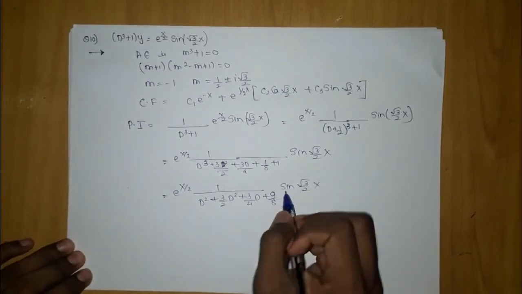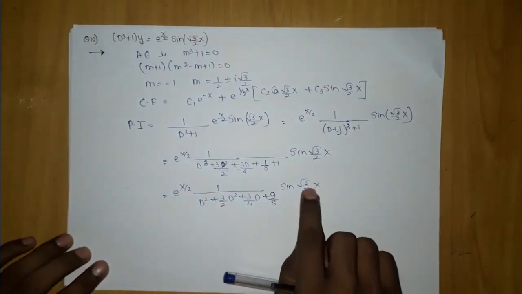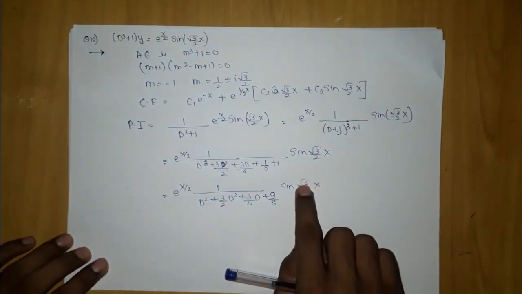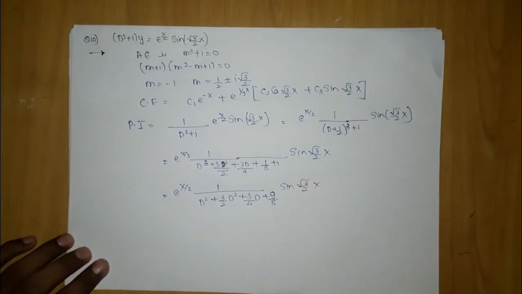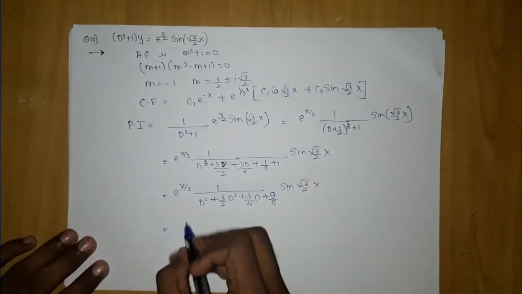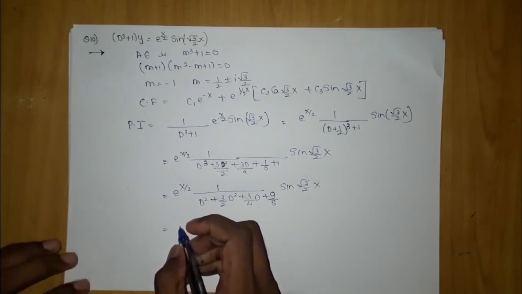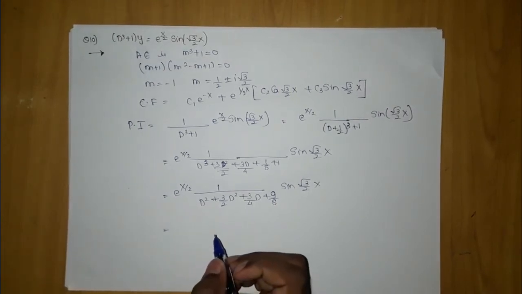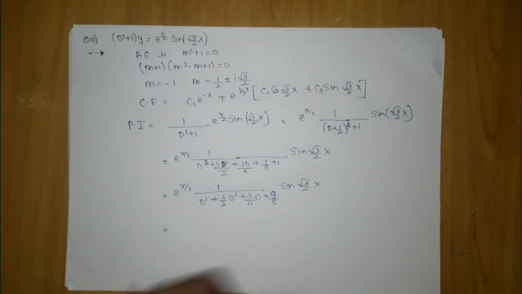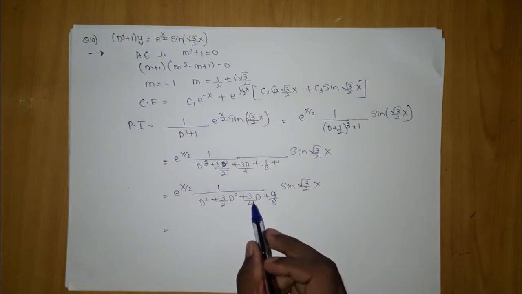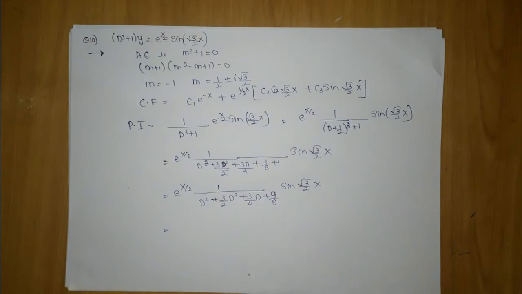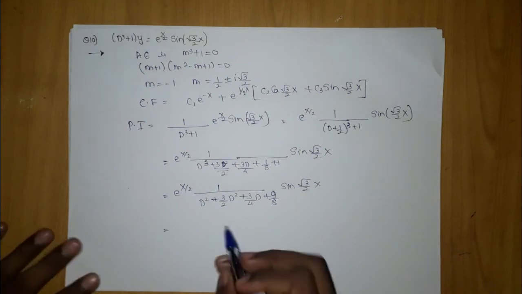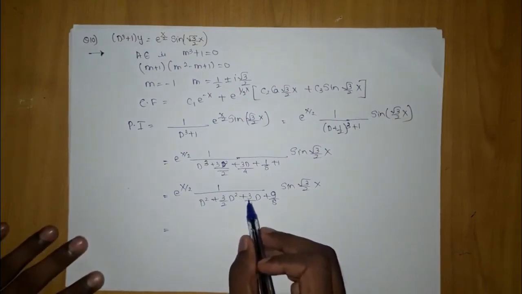Now the numbers are quite dirty here, so we are going to substitute D square by minus 3 by 4. If we do that, what we can get, this is D cube plus 3 by 2 D square plus 3 by 4 D plus 9 by 8 into sin root 3 by 2 x.